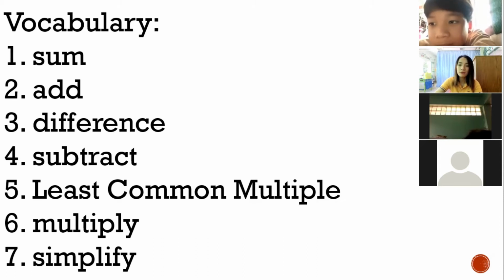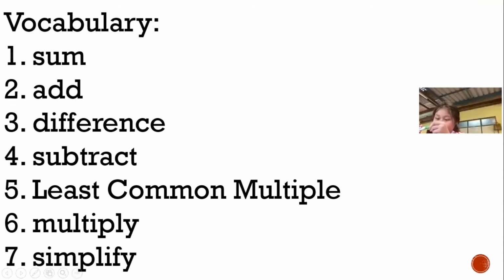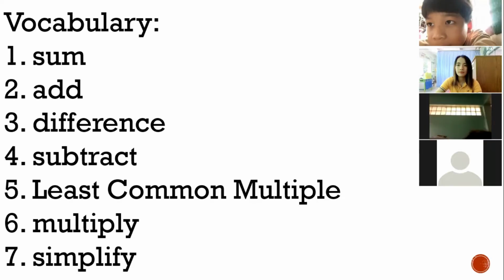Next, View. Sum, add, difference, subtract, least common multiple, multiply, simplify. Very good. Thank you.